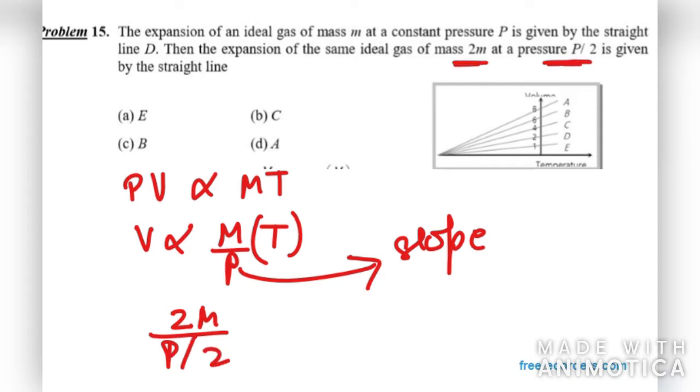If I solve this, I will get the answer as 4 m over P. That means the slope becomes 4 times. So graph A is correct in this equation, and the rest are all wrong. So that means A is the right option.